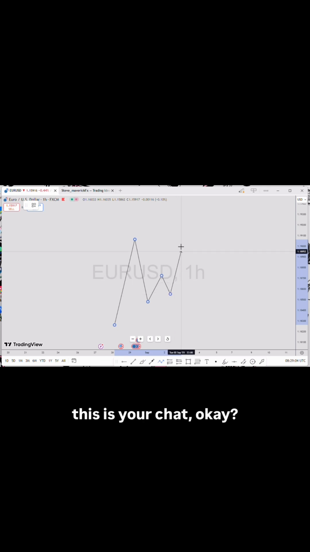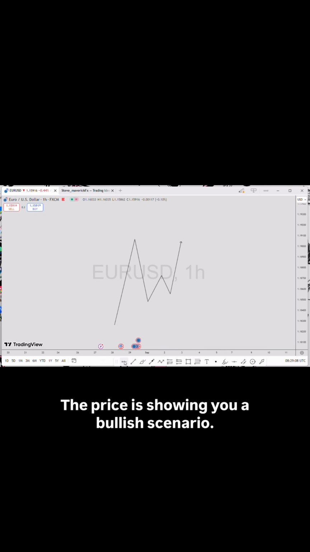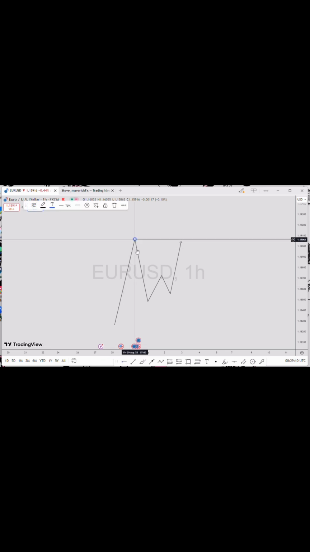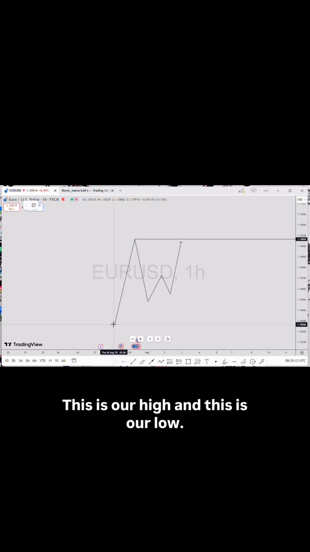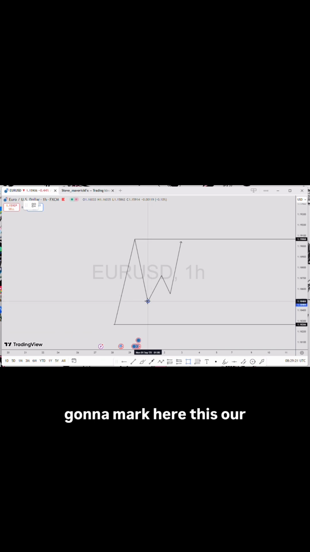So this is your chart. The price is showing you a bullish scenario. This is our high and this is our low. So when you're looking for entry, I'm gonna mark here, this is our demand zone. I assume this is gonna be our entry point, so we're gonna be looking for long.